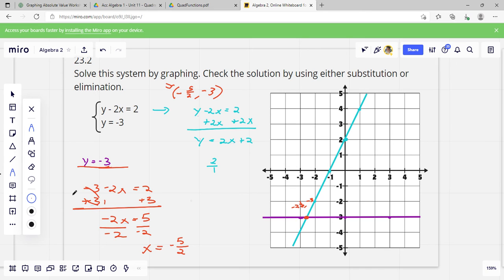And then for y, I could say if x is 5 over 2, y minus 2x, which is 2 times 5 over 2, equals 2. We multiply that, 5 over 2 times 2 over 1. Those cancel, I get 5. Y minus 5 equals 2, and then I would do plus.